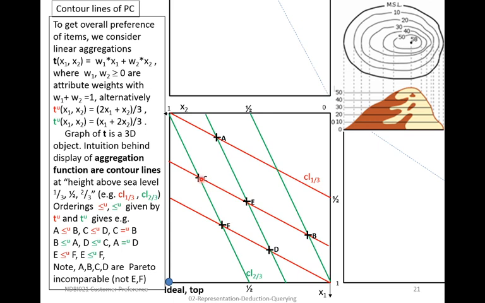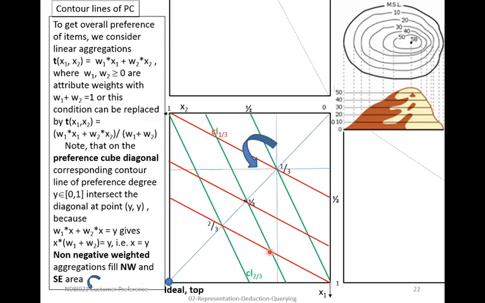But here, this C has the x2 coordinate better, but E has the x1 coordinate better. And now look what happens. For the green user, C is better, but for the red user, oh, sorry, maybe I could have chosen some other examples. So some orderings which are incomparable can be made opposite, different. Okay, so I had to think about it a little bit longer. So anyway, what we see here.